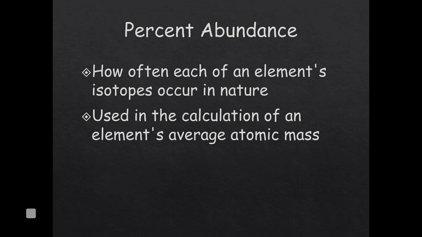Now, I want to point this out right away. We can at least create a good prediction of what mass of an isotope is the most abundant by looking at the periodic table.